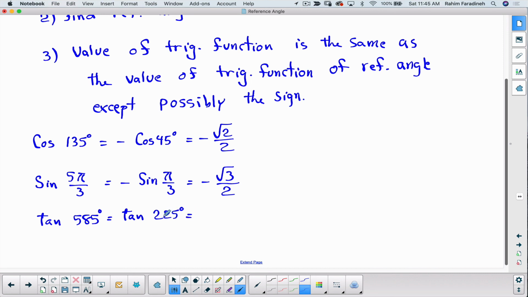So 225 is in the third quadrant and tangent is positive, but the reference angle for 225 is 45 degrees. And of course, tangent of 45 degrees is equal to 1.